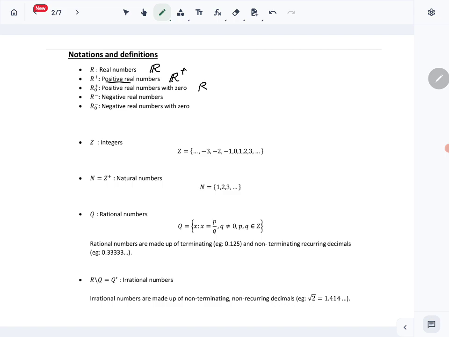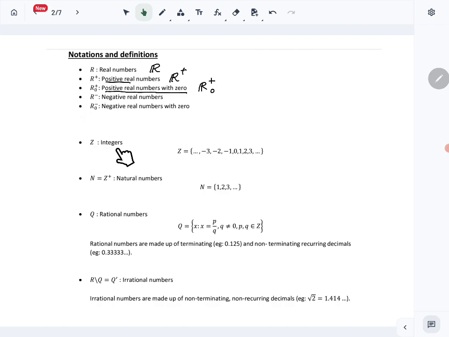Then if you want to include the 0 with all positive real numbers, you put a 0 like this here. So R plus 0 means all positive real numbers with 0. Then similarly you can define R negative, which means negative real numbers. R negative with a 0 represents negative numbers with 0. Right. Those are the notations for real numbers.